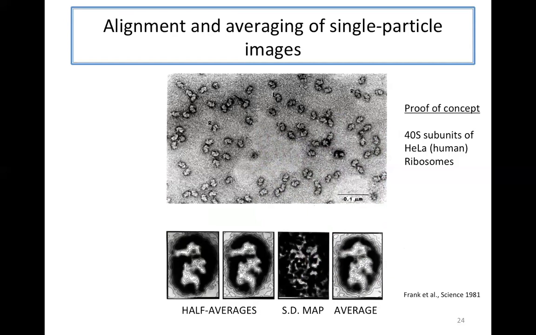So as a proof of concept of the alignment technique, I used Miloslav Bublik's 40S ribosome images, and they were left-facing or right-facing, and I selected the left-facing ones, and showed that with these alignment methods, correlation methods, we were able to get reproducible averages. And that was a very big thing at the time, and it was published in Science, and it was, for me, a way of getting my first grants from the National Institutes of Health.